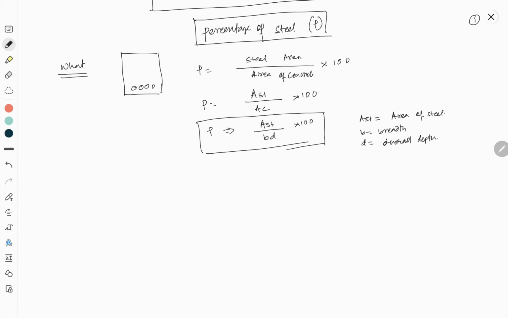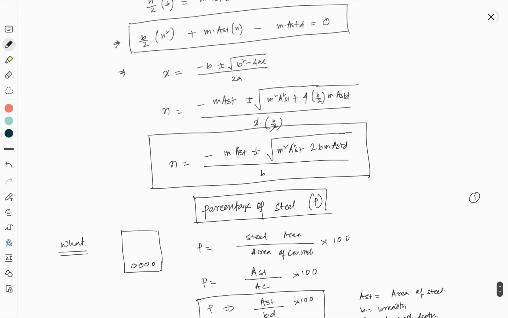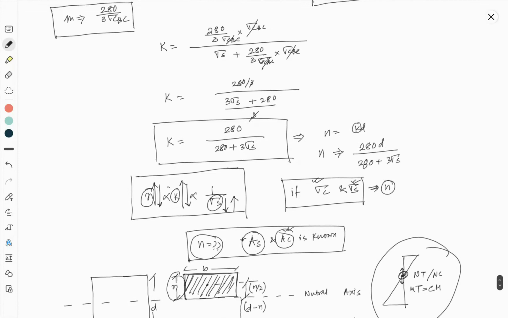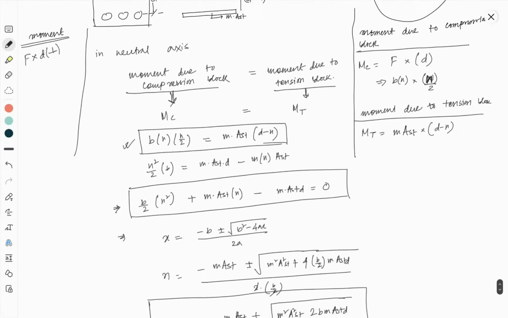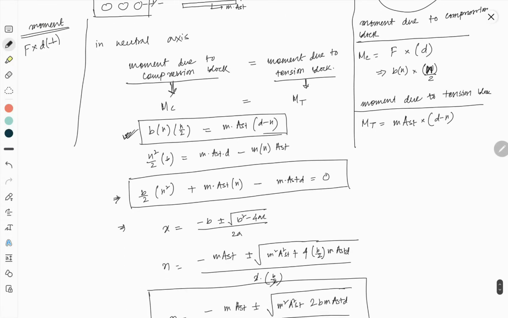Okay, there is another way to find the percentage of steel. How? In the last video I discussed one thing, that is this. From this statement we'll go deeper and find another method to find the percentage of steel.